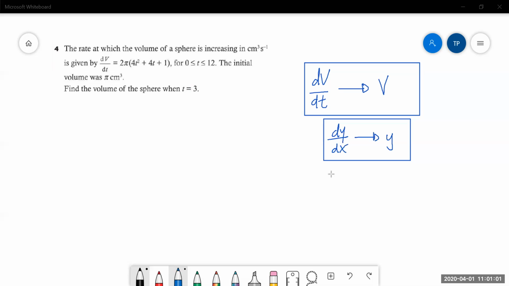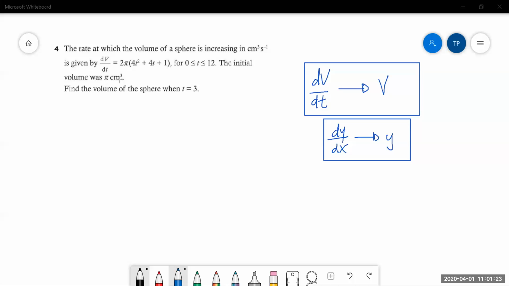Wait, so I just integrate dV over dt. So you just have to integrate dV/dt. But then it says the initial volume was pi centimeters cubed. Every single statement is trying to tell you something.